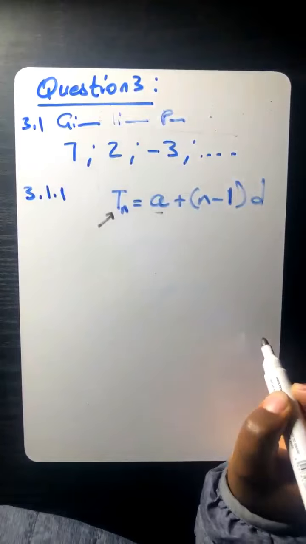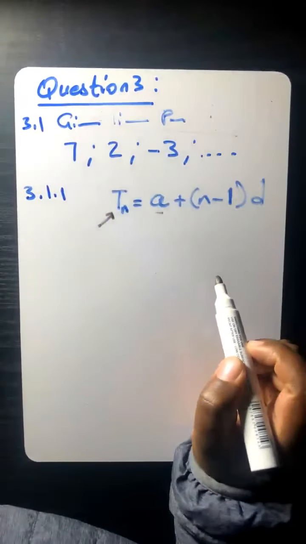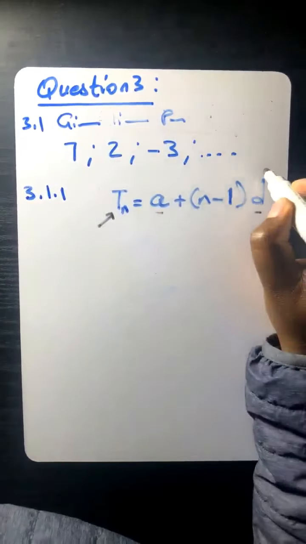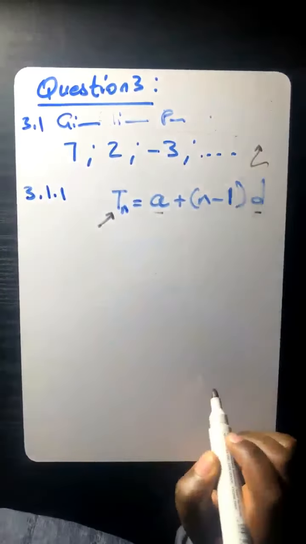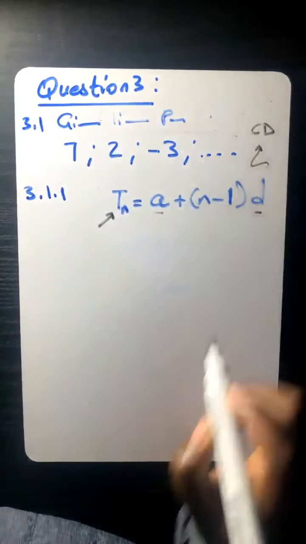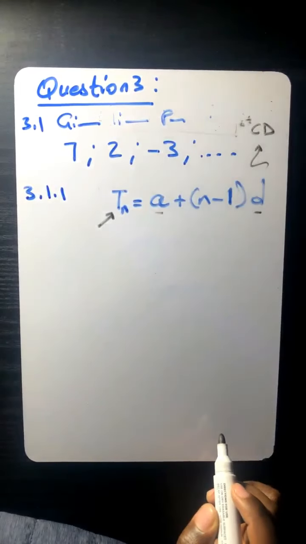We know our a is the first term of the given sequence. What is the difference? In your mind, you know that this is not just the difference but the common difference, which you find when you do the difference for the first time.